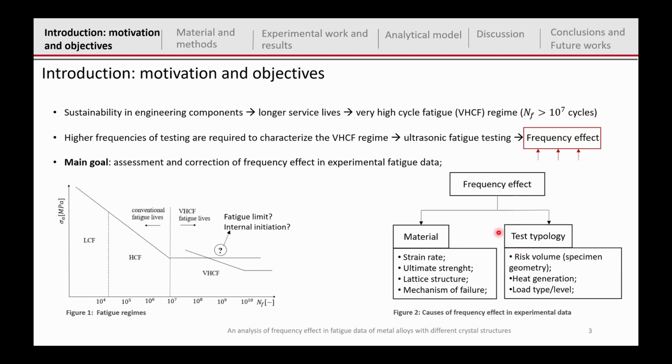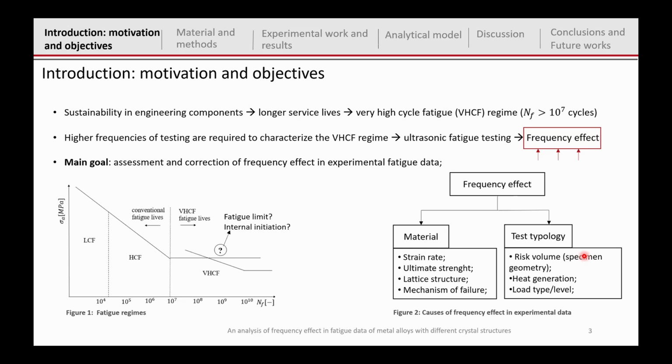of causes. One of them is the test typology. For example, when we have different testing systems, we need to have different geometries to be suitable for the testing system. Because of that, sometimes we have different risk volumes, which will affect our results.